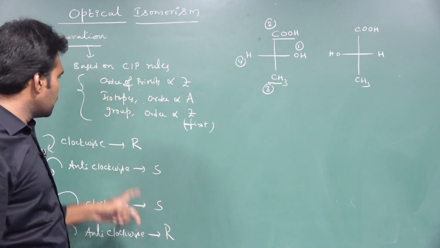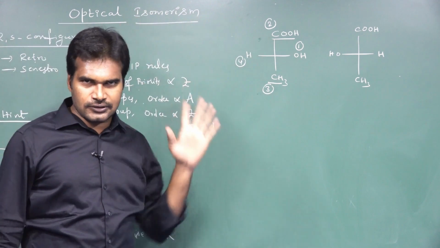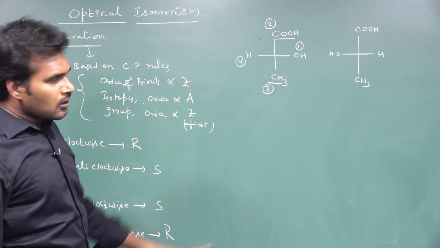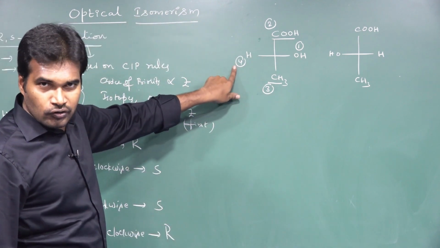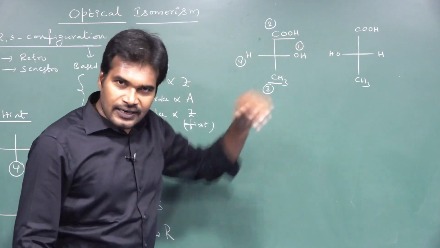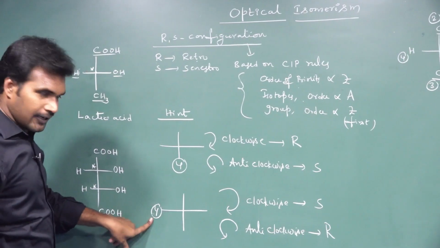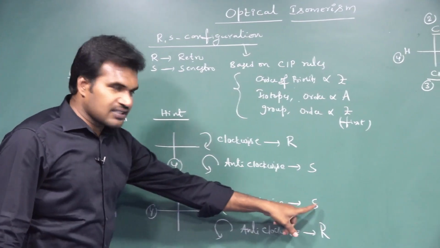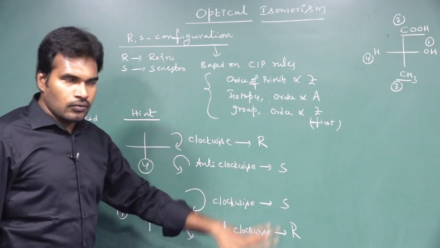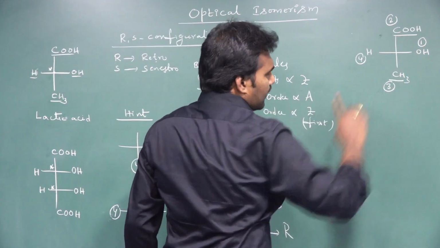Likewise, by following CIP rules, give the priority first. After you give the priority, check the least priority group, hydrogen. Where is it? It is in the horizontal line. If it is in the horizontal line, clockwise is S (sinister), anti-clockwise is R (rectus).